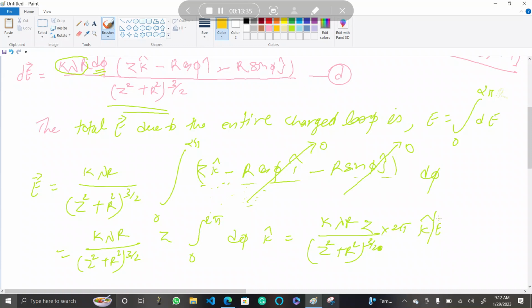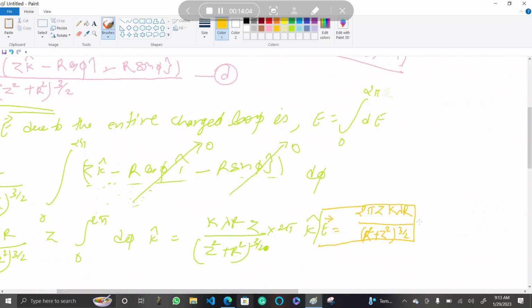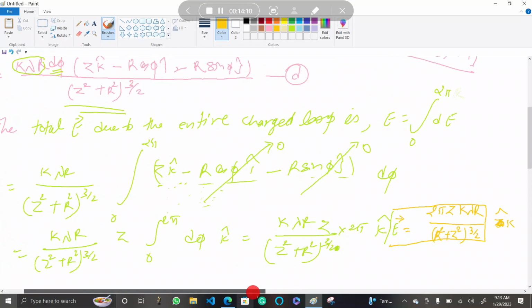Let me write the answer like this: electric field equals 2 pi g k lambda r over (r square plus g square) to the power 3 by 2, and its net direction is along the z direction, or let's say I am supposing the k direction along the z axis.